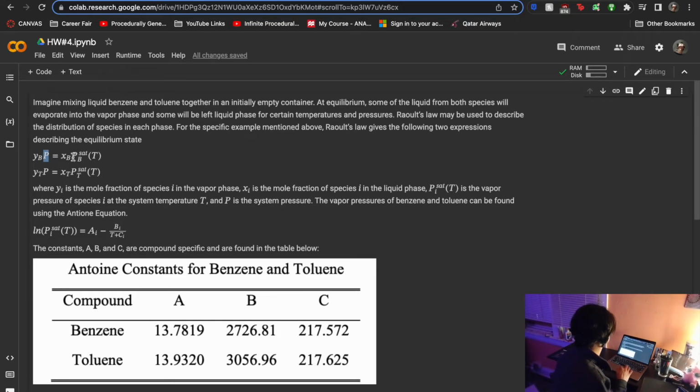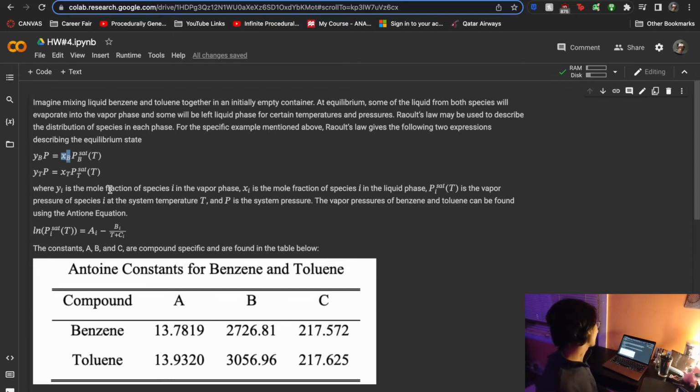And then we already know how to calculate the saturation pressure of both benzene and toluene, assuming that we know the temperature. What we don't know is the mole fraction of benzene in the liquid phase and the mole fraction of toluene in the liquid phase.